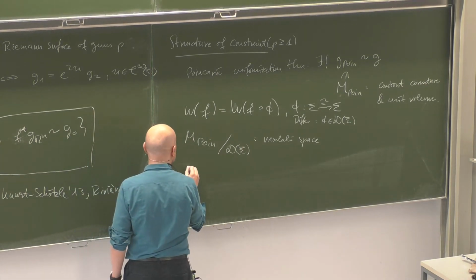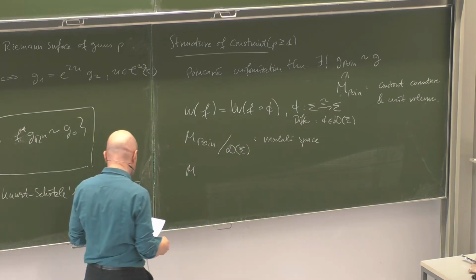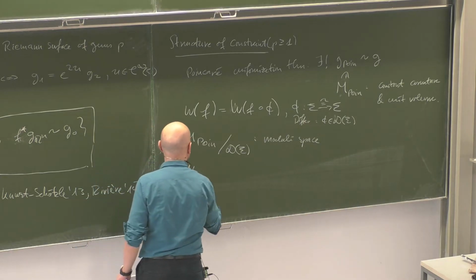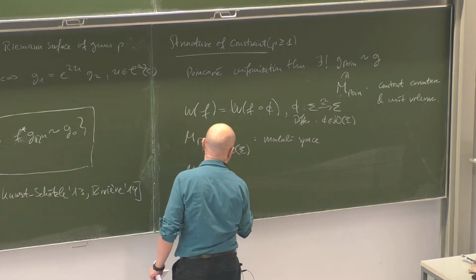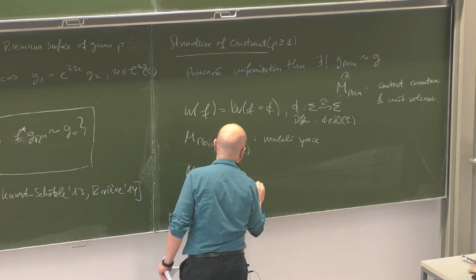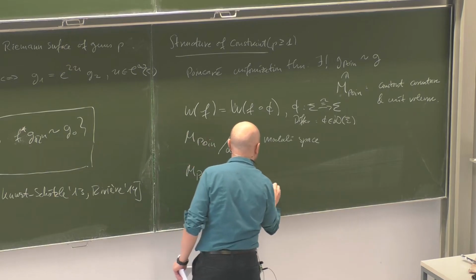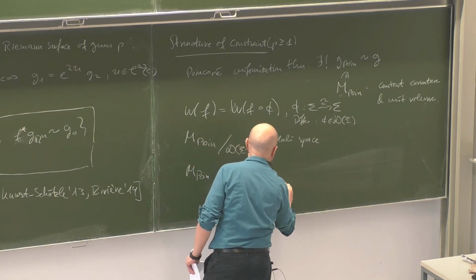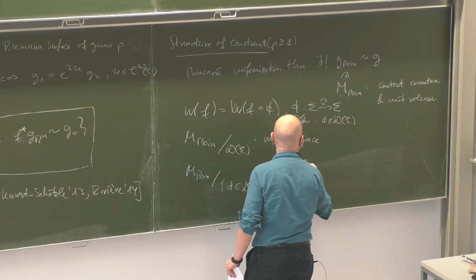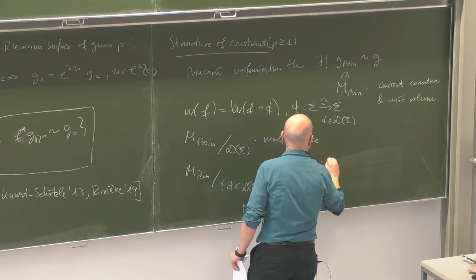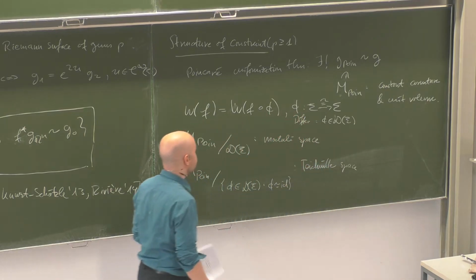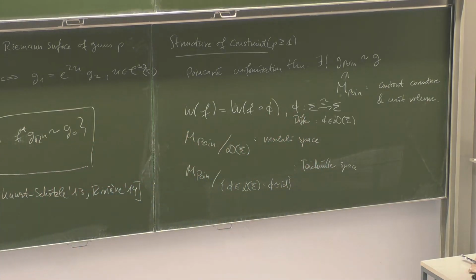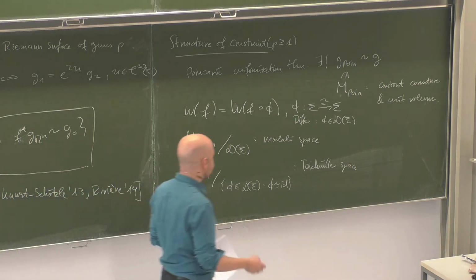Another way to do that is to mod out instead by only diffeomorphisms which are homotopic to the identity. This gives me Teichmüller space, which now is a manifold, but there is again an issue here from the analysis point of view.